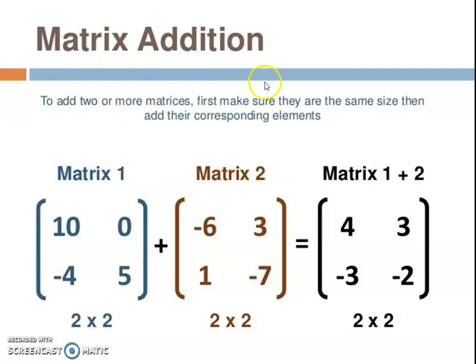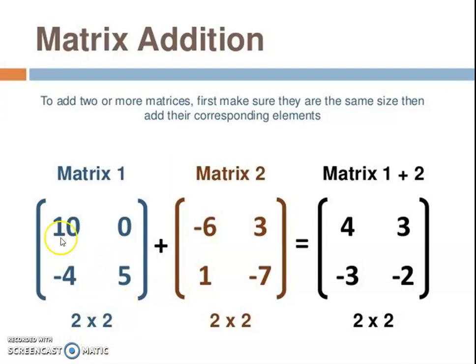Now, matrix addition: to add 2 or more matrices, first make sure that they are the same size, then add their corresponding elements. I mentioned just that thing, we have to revise here.